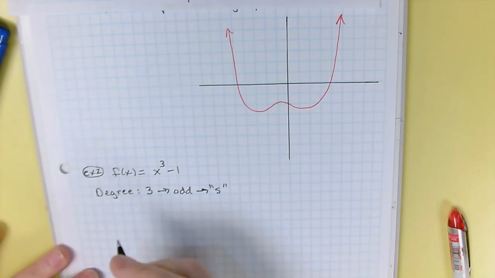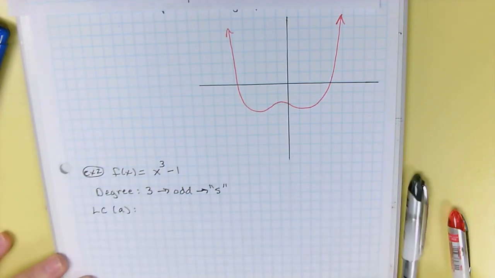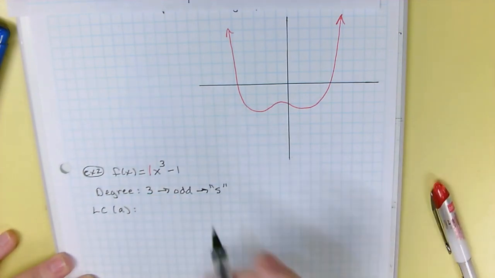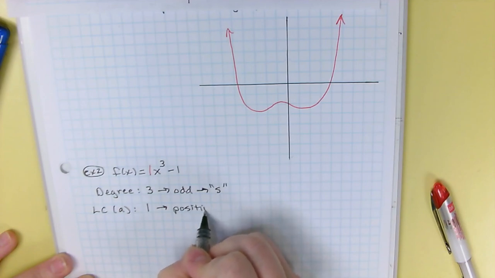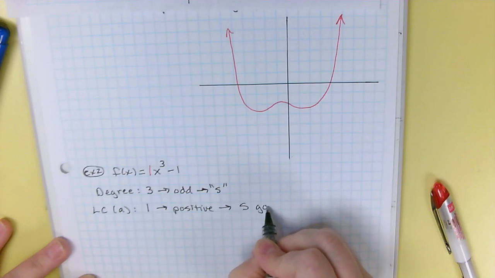Okay, now we're going to look at the leading coefficient, or the A value. The A value is the invisible 1 on that x cubed term. So it's 1, which is positive, which means it's going to be an S going up.